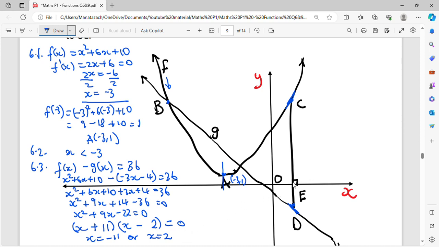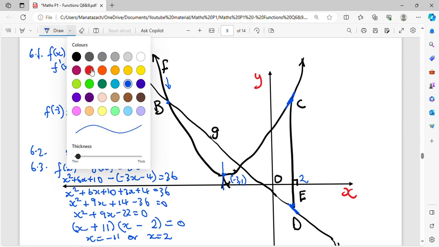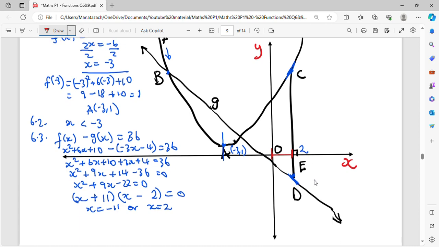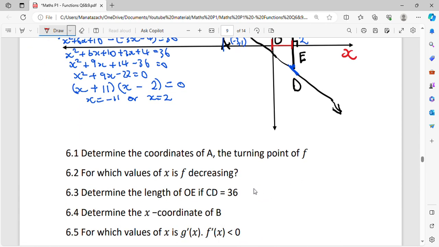You will notice that point E is on the positive side of the x-axis, so we choose 2. To answer the question for the length of OE, we know that here x is 0 and then here x is 2. Therefore, OE is going to be 2 units, right? So let's write here OE is 2 units.